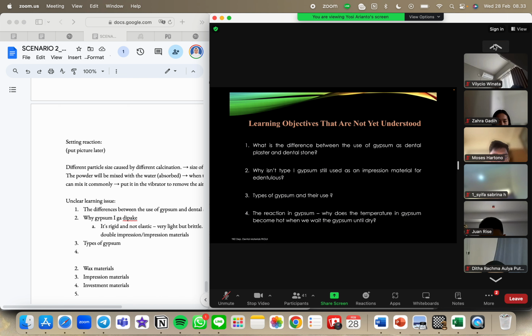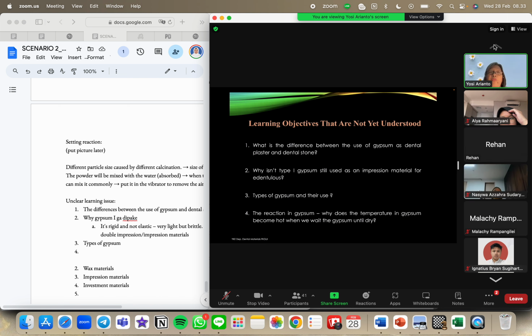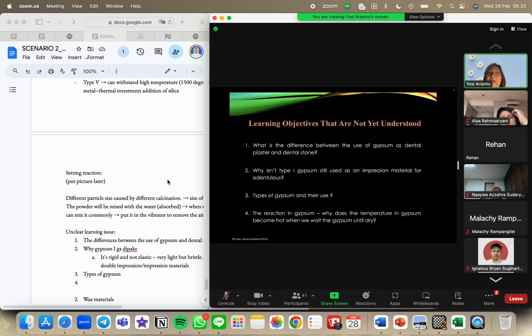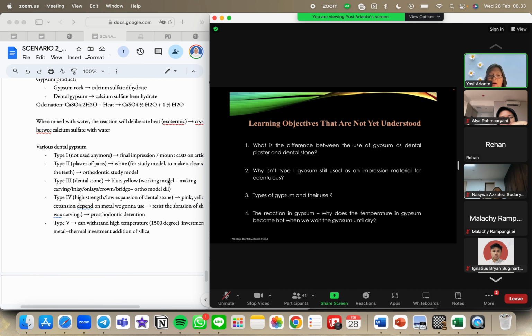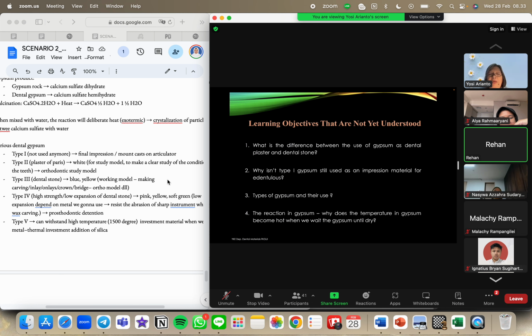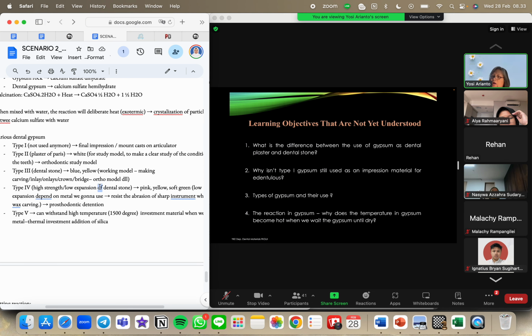It's nearly the same as type 3, but the strength is higher. So they're both dental stones. Types 3, 4, and 5 we call dental stone, but with higher strength. Type 4 is with low expansion, and type 5 with higher expansion. Remember that, yeah?